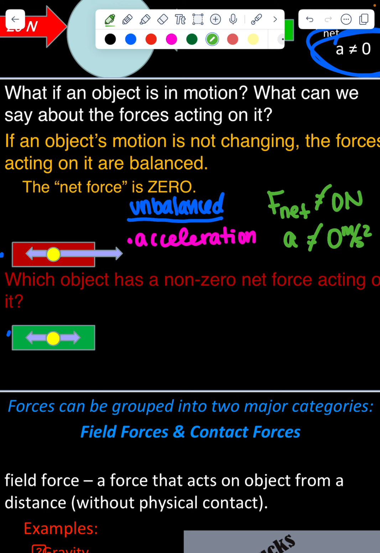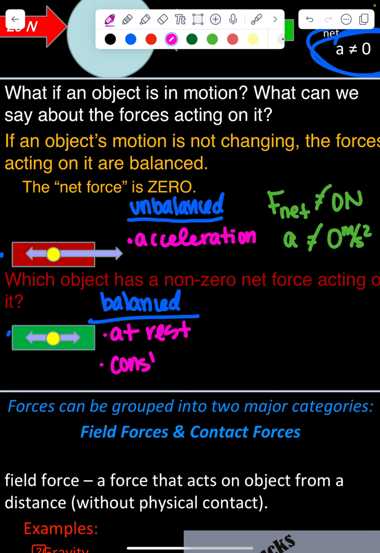All right, for the green one, we see that those arrows are going in opposite directions, and they're also equal in magnitude. So these are balanced forces, which means that we are either going to be at rest or we're moving at a constant velocity. Either one of those.